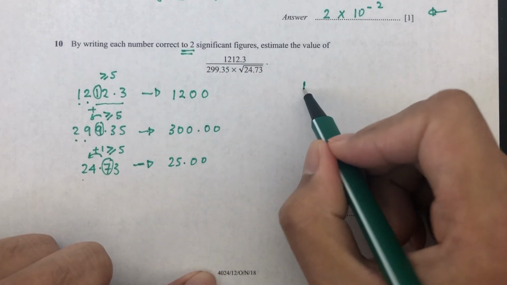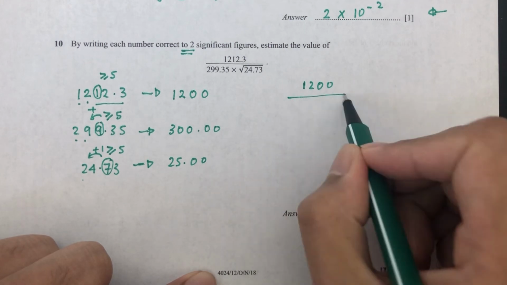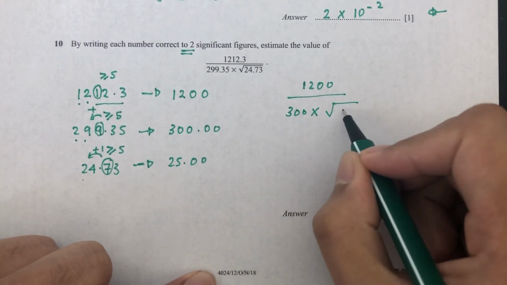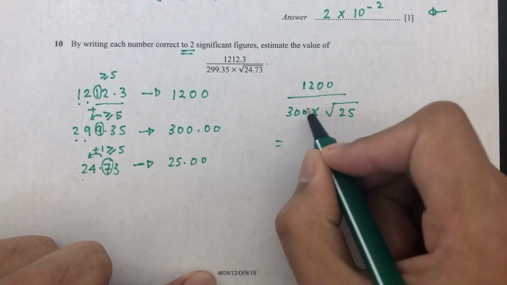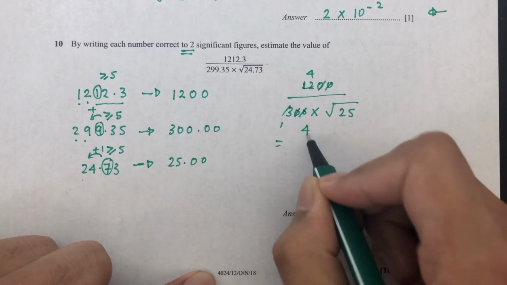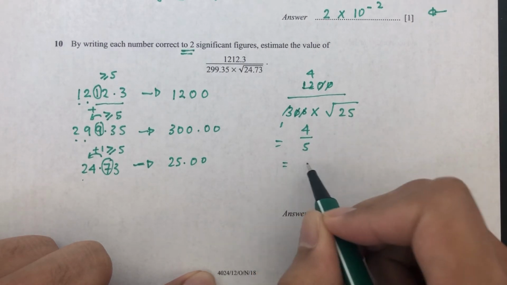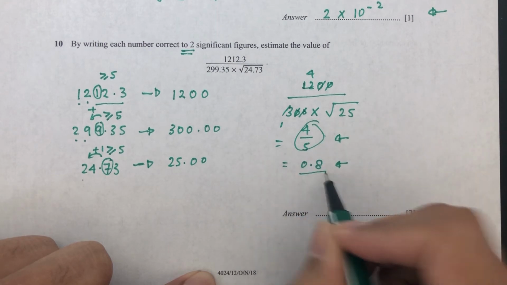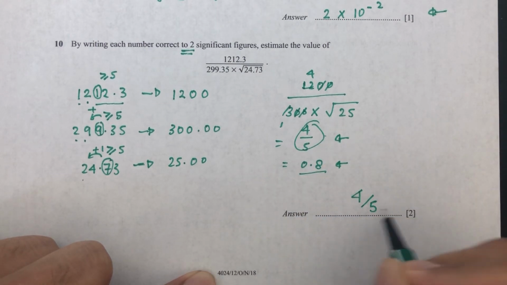So it will be 1200 divided by 300 times square root of 25. So cut, we got 1, we got 4. So 4 divided by 5, which will give you 0.8, or you can just leave your answer as 4 over 5.